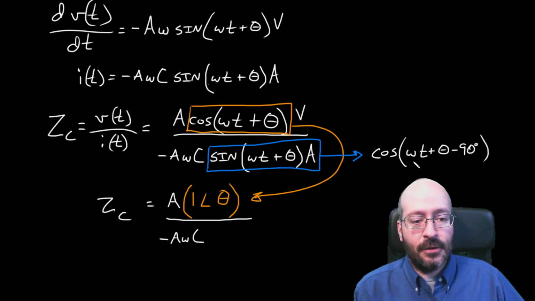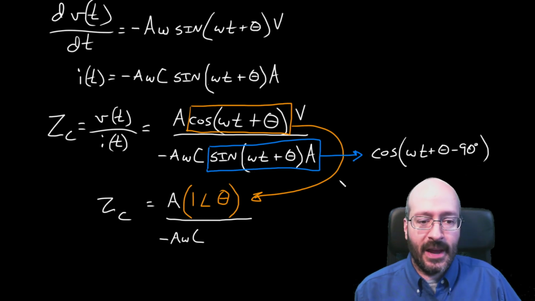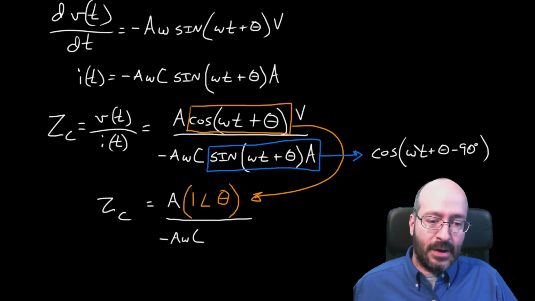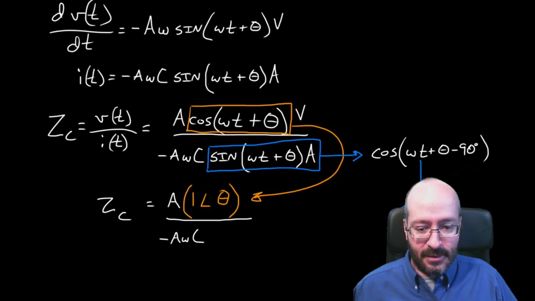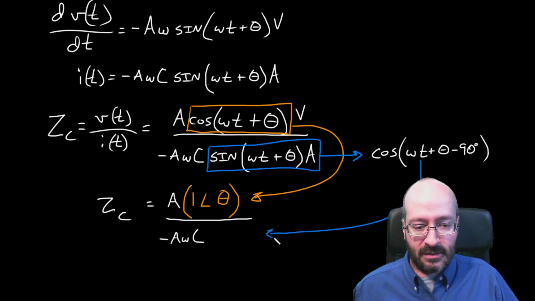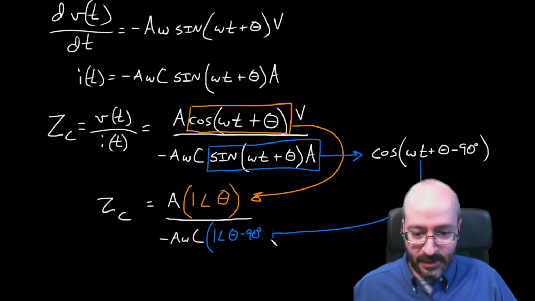If we take that cosine and shift it by negative 90, it's equivalent to that original sine. So I'm going to rewrite it that way, and when I turn it into its phasor, it's going to be 1 at an angle of theta minus 90 degrees. I didn't quite leave myself enough room.